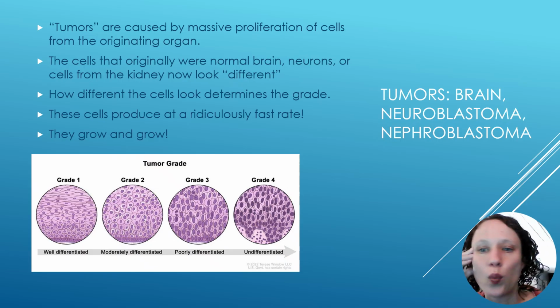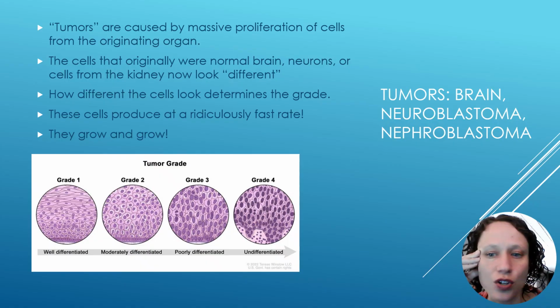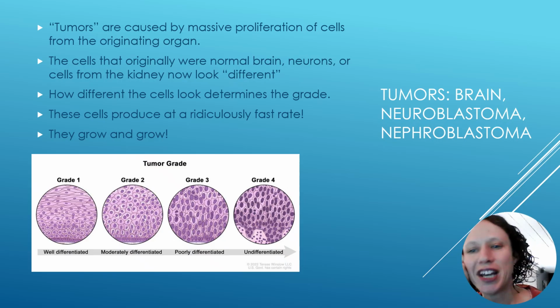And so when you look at tumors, when you see the report from tumors, this is one of the pieces that you're going to see. So if it's well differentiated, it looks basically like the original cell, it's not cancer. But if it starts to differentiate, that's when it is a tumor.